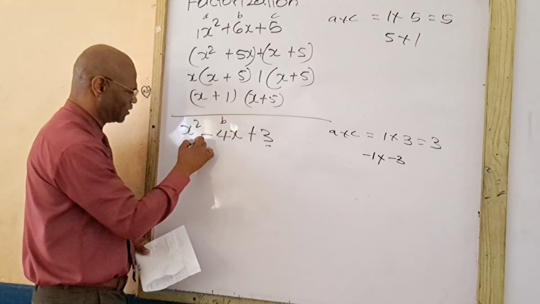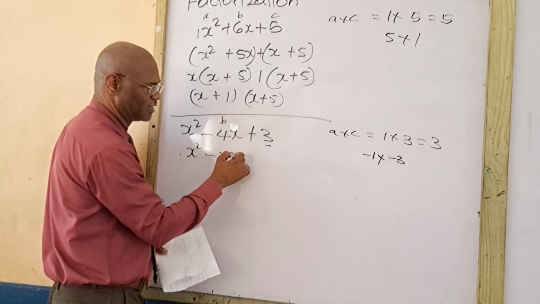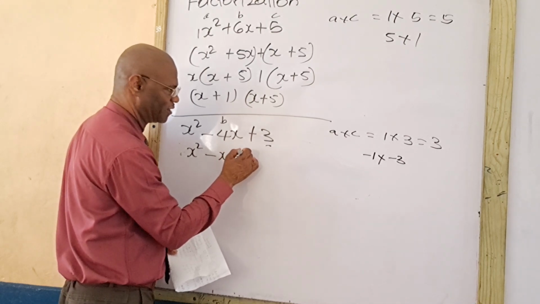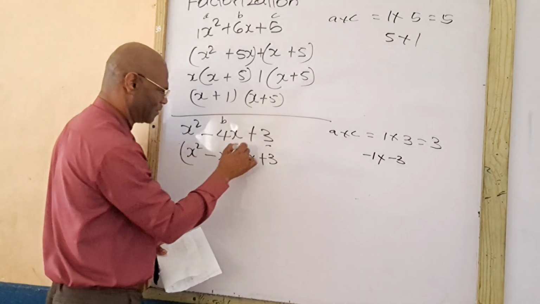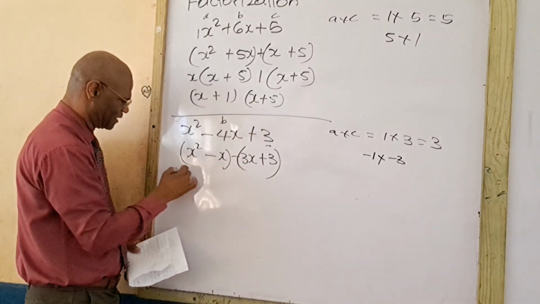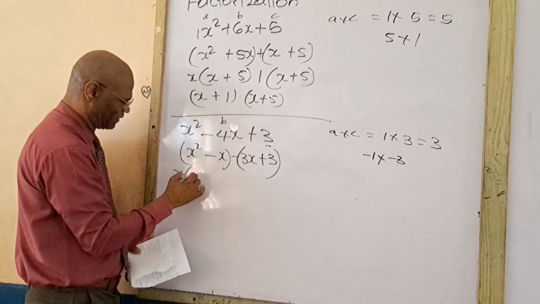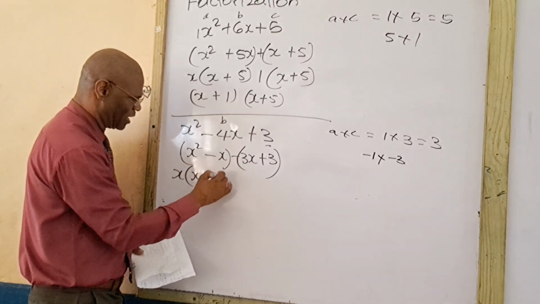So that's x squared minus x minus 3x plus 3. Group them. What's common here? X squared divided by x is x, minus 1.